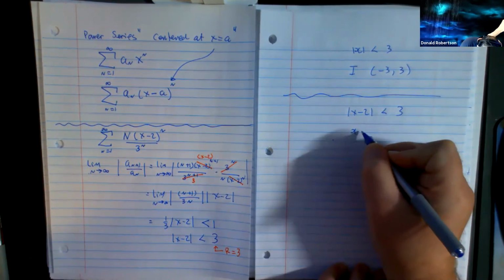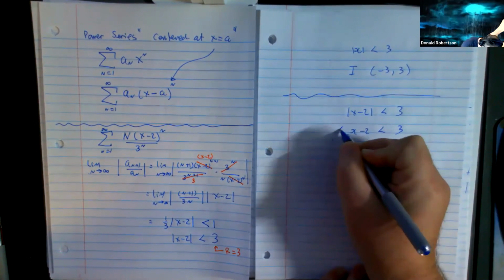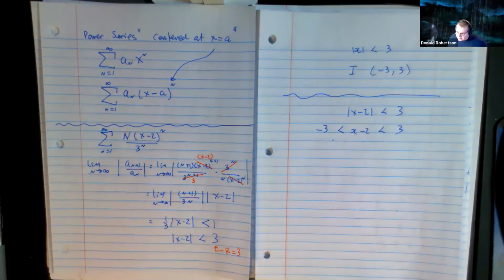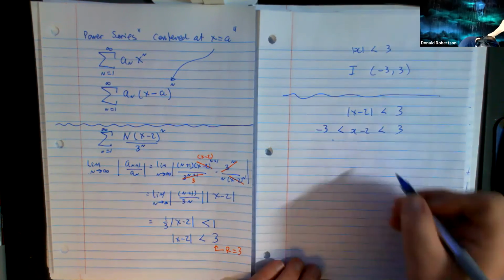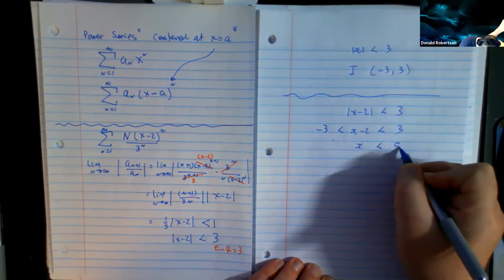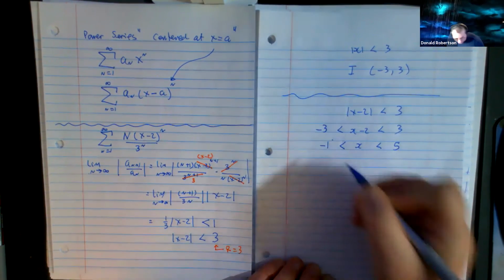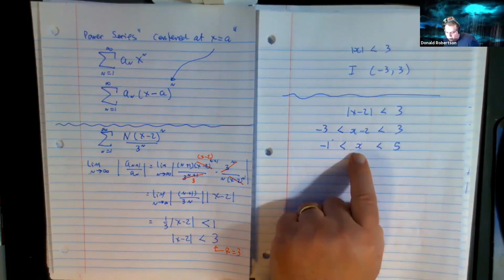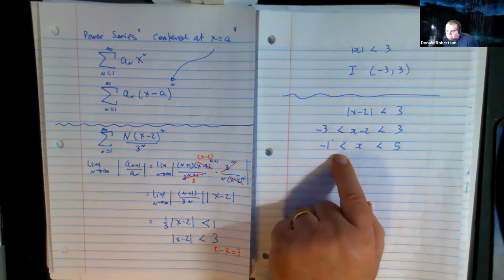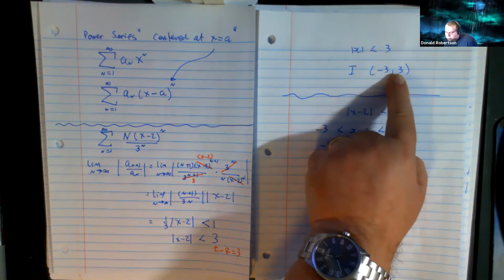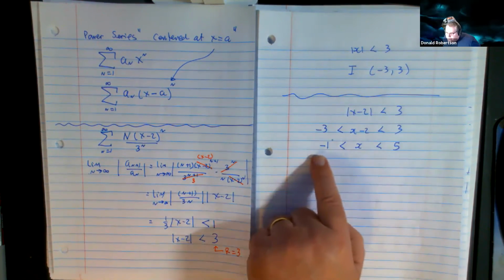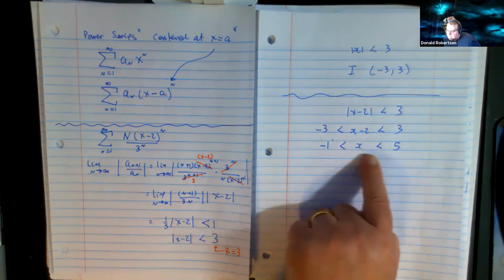What you do is you sandwich that guy between -3 and 3, right? And as long as you do it to all the pieces, in this case add 2 to everybody, do you see that you now have x in the middle, sandwiched between two different numbers, rather than the same plus and minus that you would get in this world? So do you see it's a little bit different?